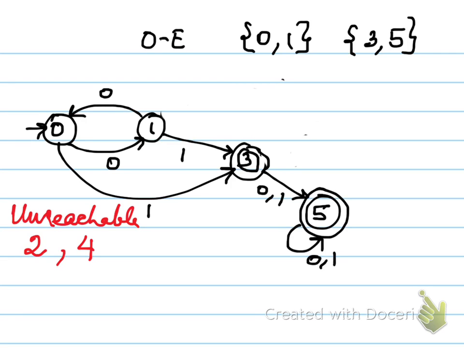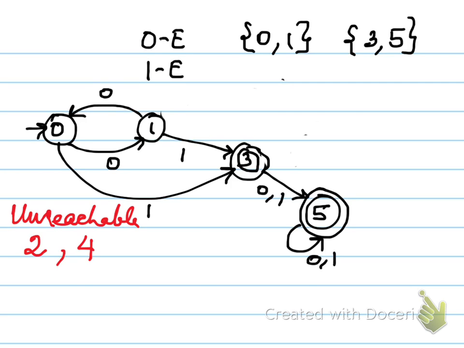So we have 2 sets of states, and this is nothing but our 0 equivalence. So 0 equivalent states are 0 and 1, and 3 and 5. We start by partitioning the final states and the non-final states. Next we will find which of the states are 1 equivalent.